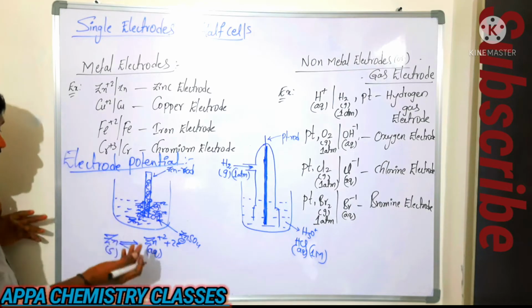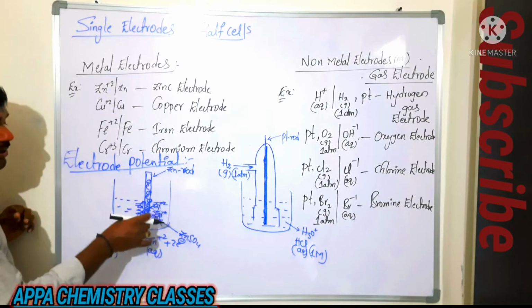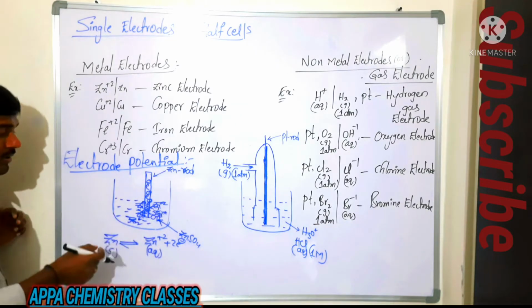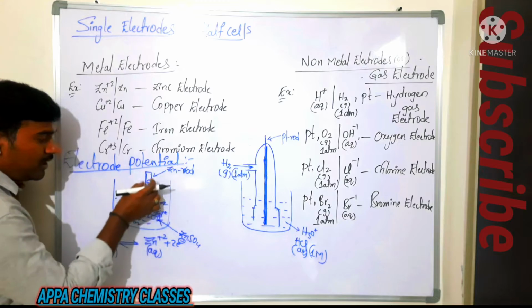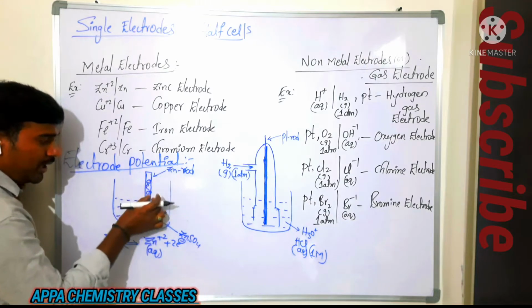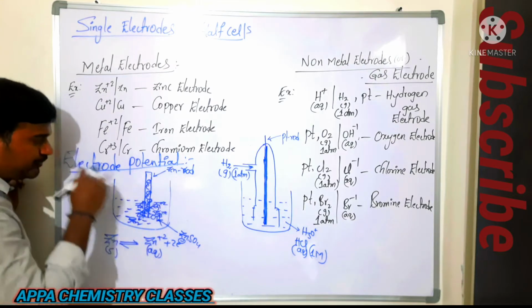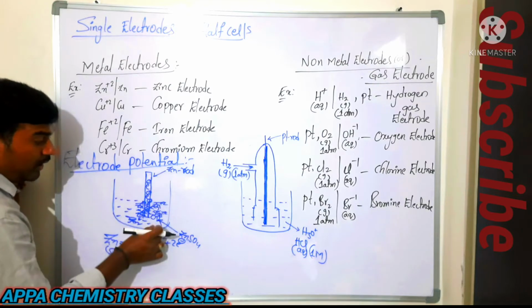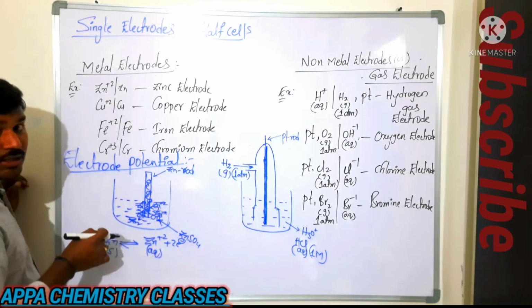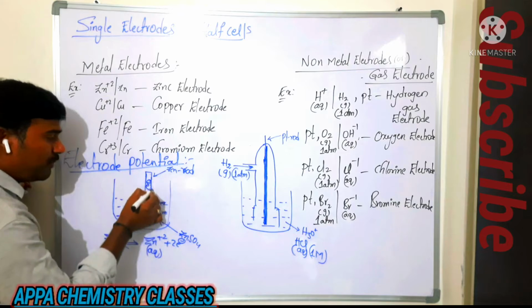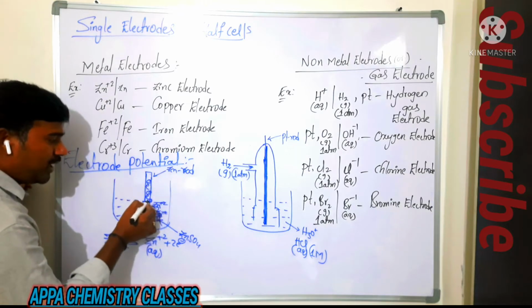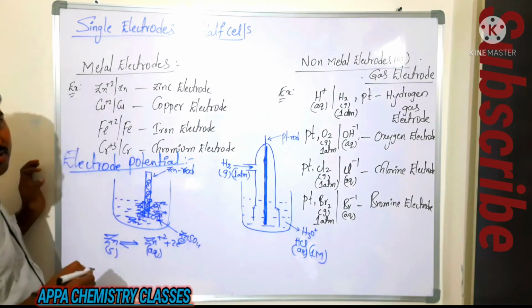So after reaching the equilibrium, then what happens? The loss of electron will stop. Then some electrical double layer will be formed between the negatively charged electrons and the positively charged zinc ions. The charge development will take place between this metal electrode and this metallic solution.